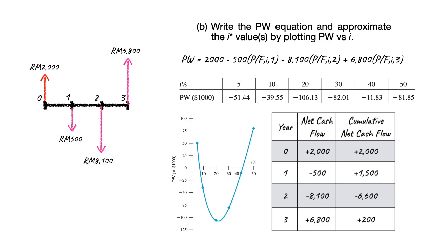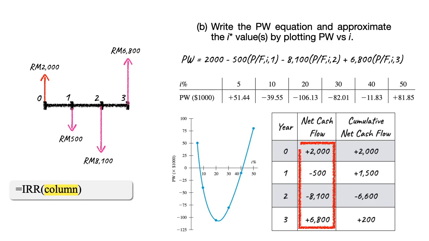In your spreadsheet or Excel file, in a cell you just type in IRR and bracket, you select the column of the net cash flow, and then it will give you the predicted interest rate or rate of return for that particular cash flow diagram.